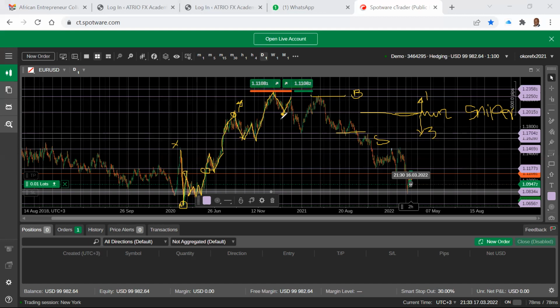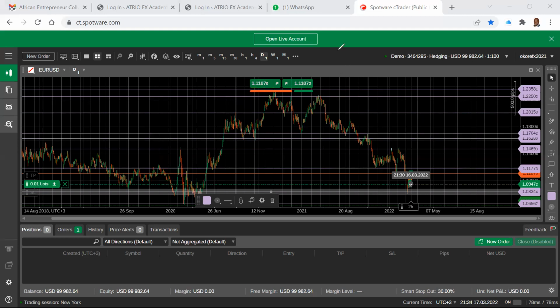But for now, I was just trying to show you that when you mark the charts, your support and resistance, those support and resistance lines help you. They help you to try and figure out what's going to happen to the market. And you can draw them anytime.